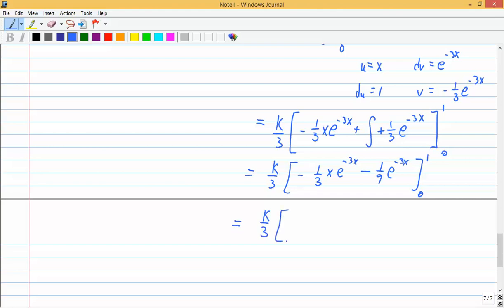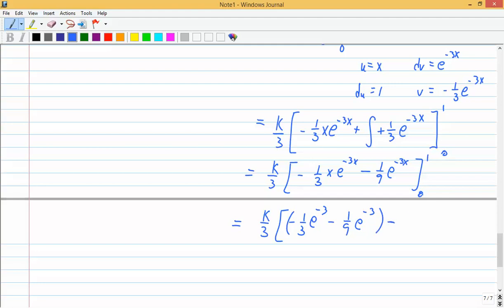So plugging in a 1 for this x, I get negative 1/3, and then that's a 1 e to the negative 3. And then I plug in the 1 again here, that's minus 1/9 e to the negative 3. So that's what I get when I plug in a 1.